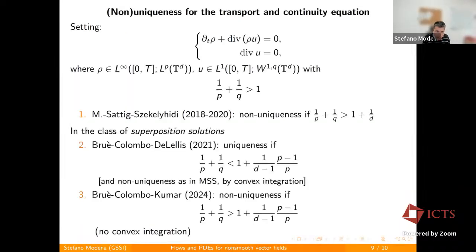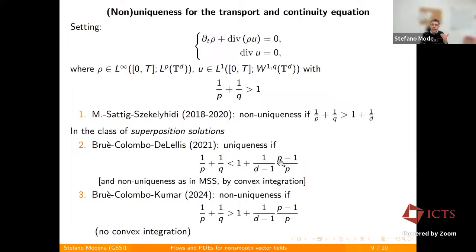If you combine what's written here with the Fernandez result, you see that if you are above this threshold, then they showed non-uniqueness in the class of superposition solutions, which implies in particular non-uniqueness of weak solutions, because superposition solutions are a subset of weak solutions. So the only range which is still open is the intermediate range between the Fernandez exponent and this exponent, where in the class of superposition solutions there is uniqueness by this result.